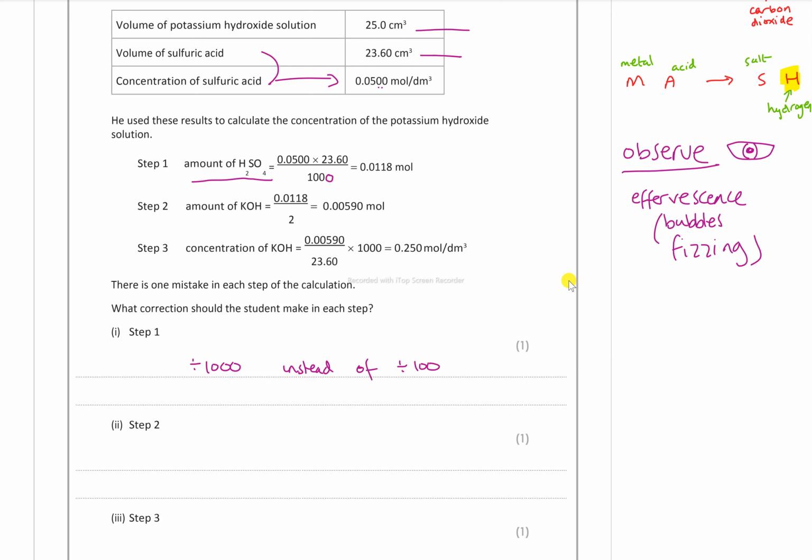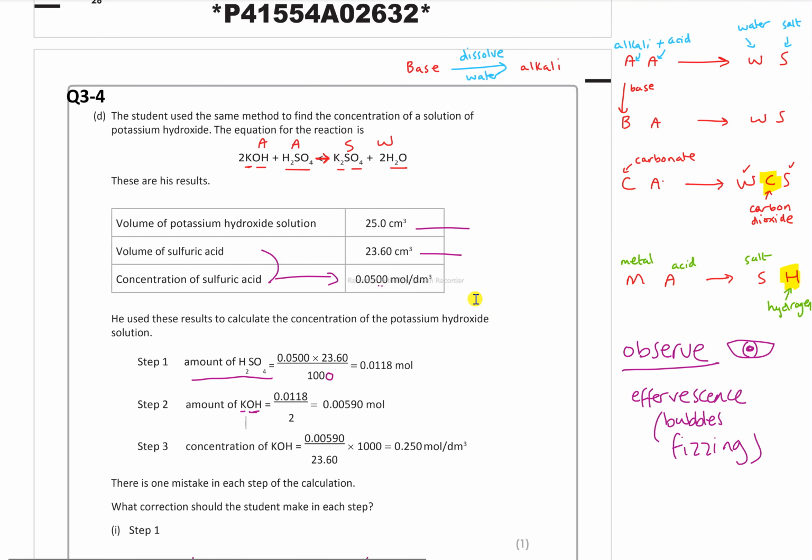Step 2 is amount of sodium hydroxide, 23. Let's go back up. Right, you need 2 sodium hydroxides for every 1.